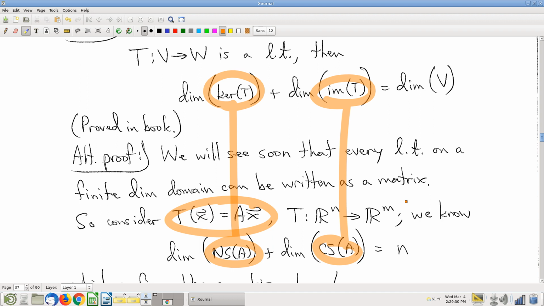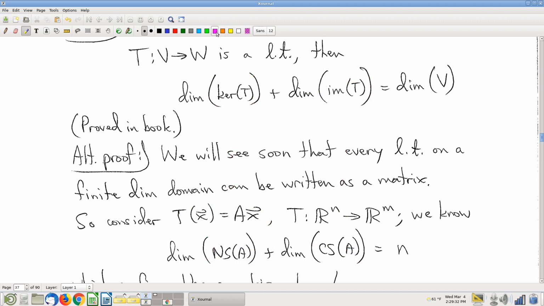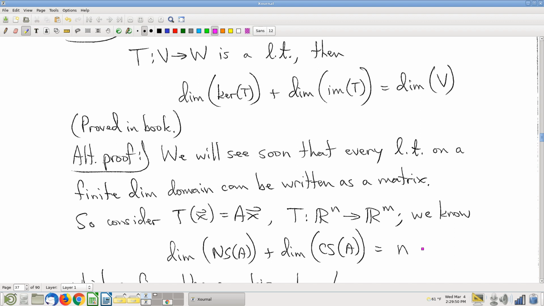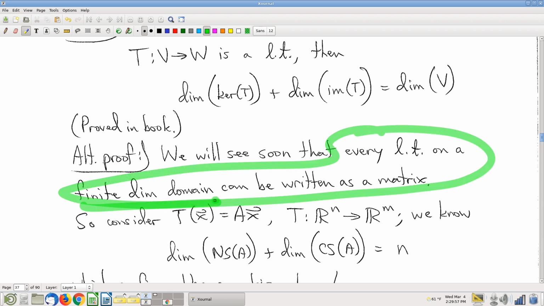And for matrices, we already know that the dimension of the null space and the dimension of the column space add up to n. So we've already proved this fact for matrices. All I owe y'all at this point, and we'll get to this probably next week, is to convince you that every linear transformation on a finite dimensional domain can be written as a matrix. And with that one little final bit, we'll be done with this theorem.